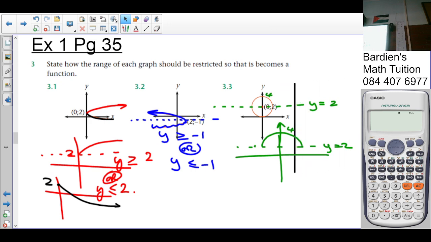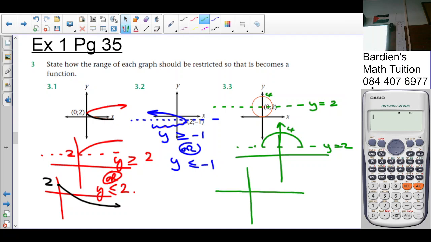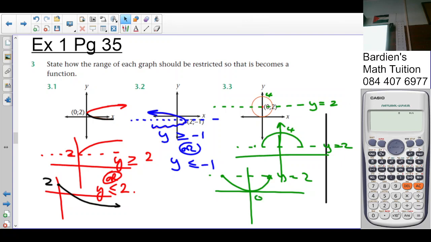Yes, why? It passes the vertical line test. You look on the other end, it comes below like that. This is your 0 here. Would this be a function? Yes, it passes the vertical line test.